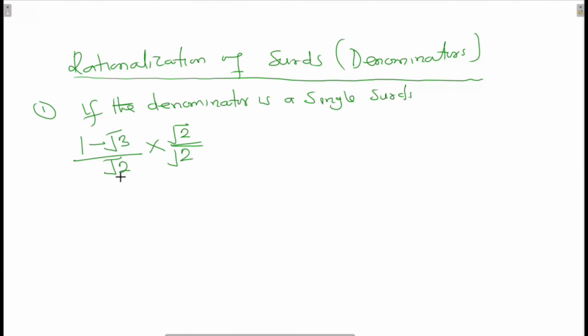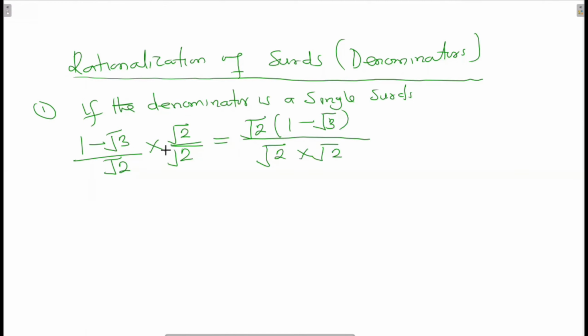We don't want a surd to be the denominator. So if you have a single root, this is the way to go about it. You just multiply that denominator in this form. So when we multiply this now, what do we have? That means root 2 into bracket 1 minus root 3, divided by root 2 times root 2.